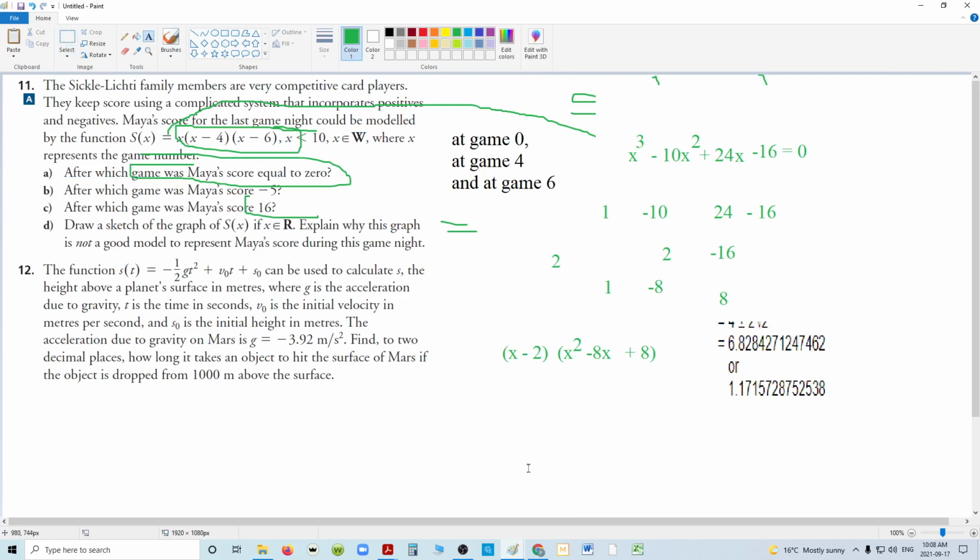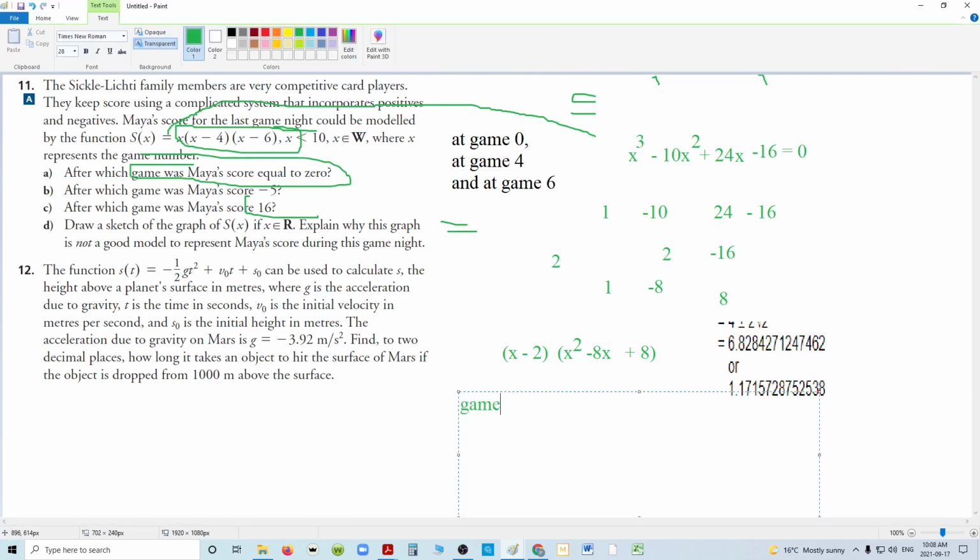Which means at game 2, game 1.1715, and game 6.8284, Maya's score was 16. But we can see that it's not possible to have a game 1.17.